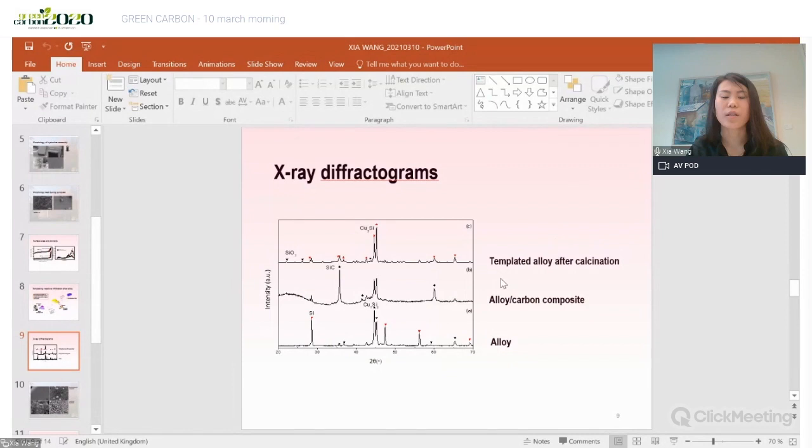The XRD pattern showed that, compared with the original alloy, this alloy carbon composite showed an obvious peak of silicon carbide, and also some amorphous peaks for the carbon from the pyrolyzed hydrochar. And after removing the pyrolyzed hydrochar, these broad peaks disappeared, and the alloy is still here, and the peaks of silicon carbide are still here in this material.